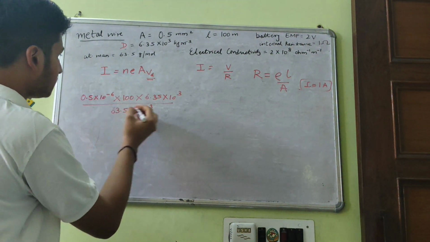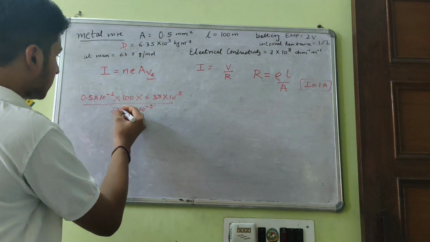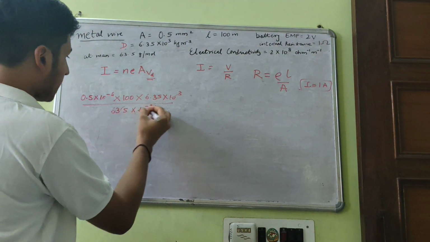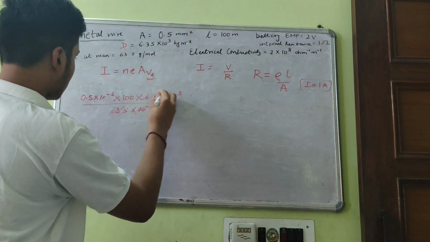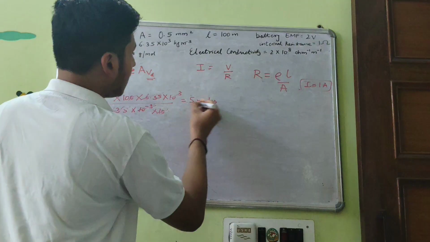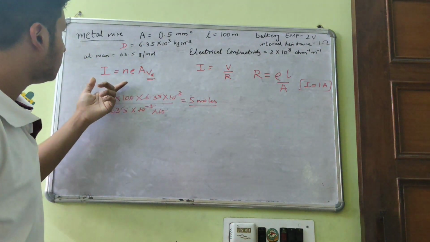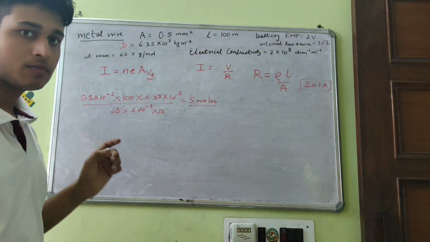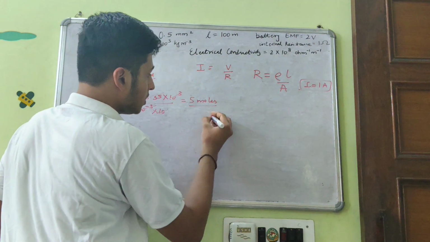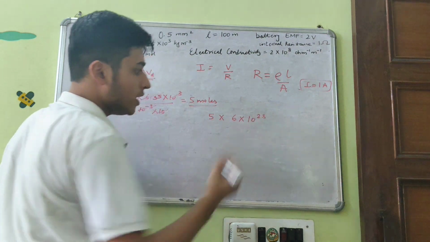Let's solve this. This gets cancelled. So there are 5 moles of these atoms in this wire. 5 moles means 5 into 6 into 10 to the power 23.